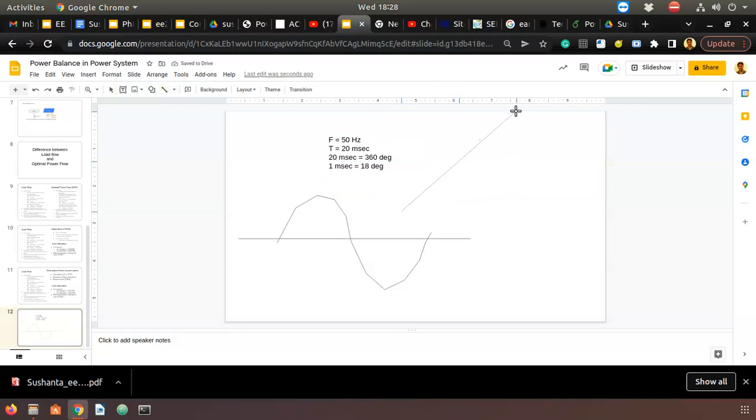Okay, so there is a network like this. This is a power system network. In a particular geographical region, power is being distributed somewhere like this.